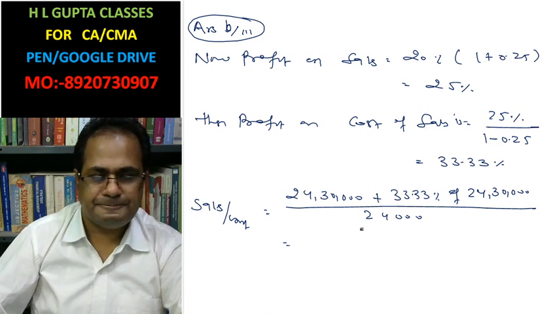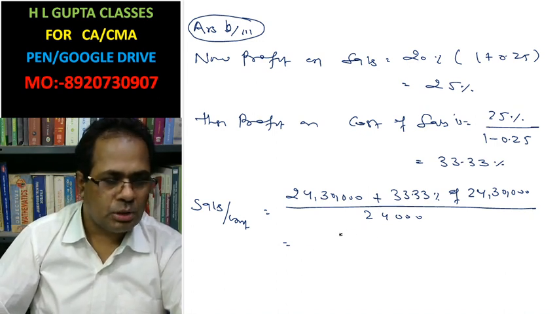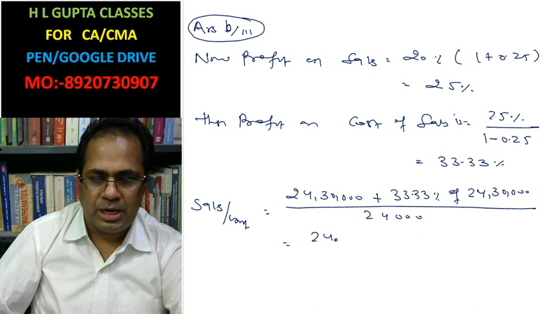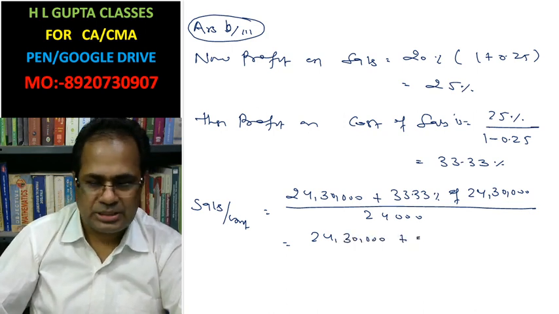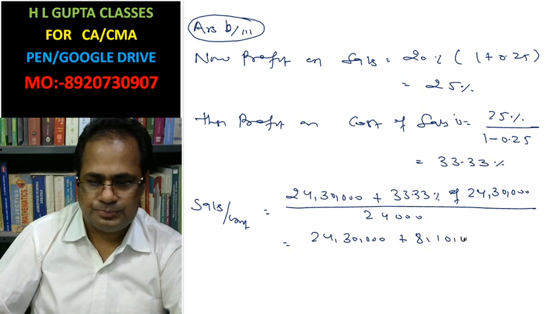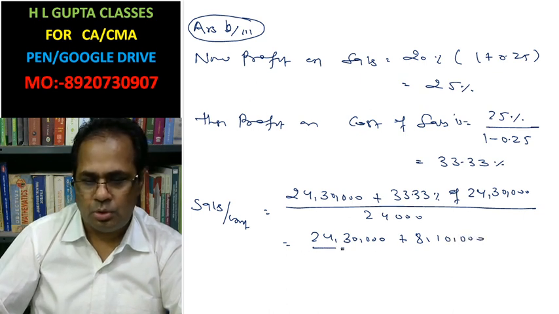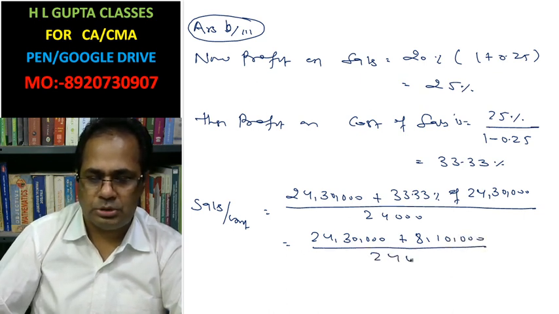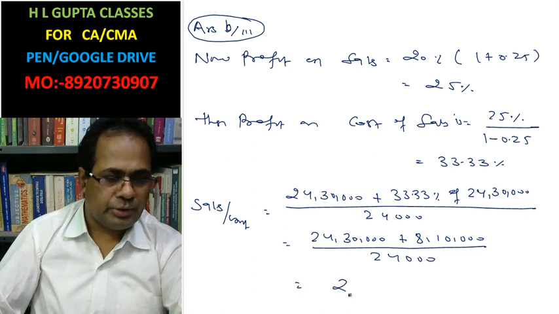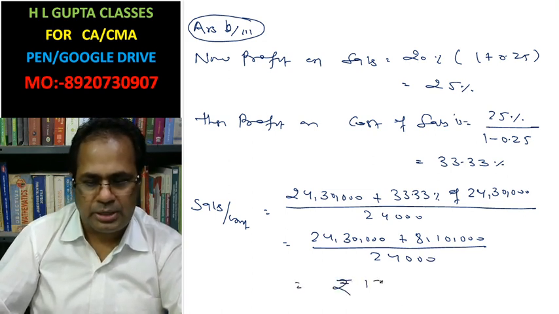This is 24,30,000 plus 8,10,000, whole divided by 24,000. This is rupees 135.